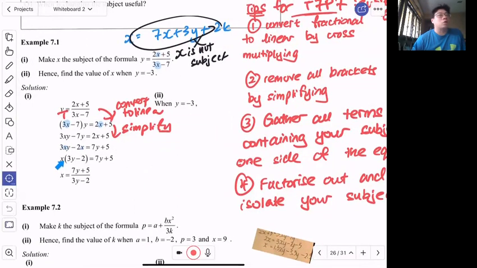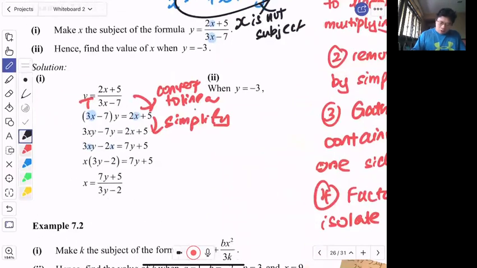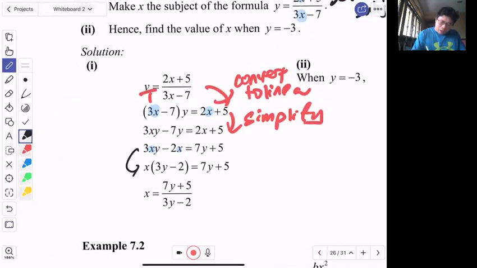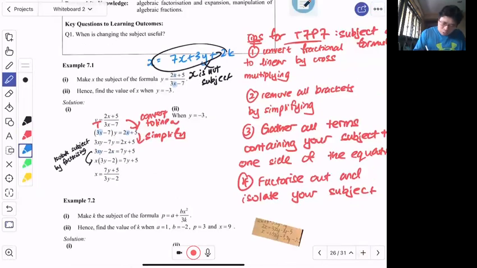You can see x becomes isolated. You always try to isolate by factorization. It's a very common step. I isolate the variable, or the subject, by factorizing. So this is what I'm doing here. I isolate my subject.